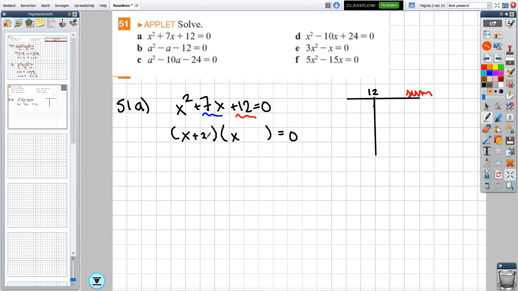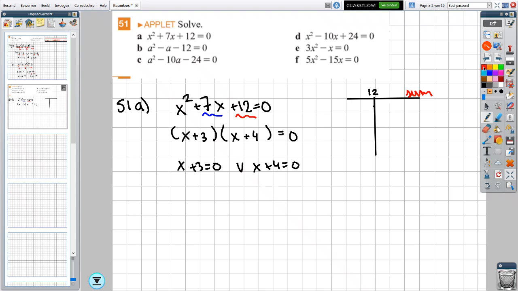I think the only possibility here is going to be this one, because 3 times 4 is 12 and 3 plus 4 is 7. And I want this to happen because now I have something times something equals 0. A times B is 0, which gives me either the first thing is 0 or the second thing is 0.